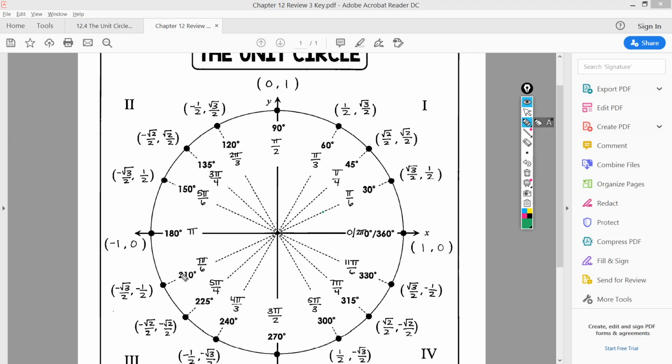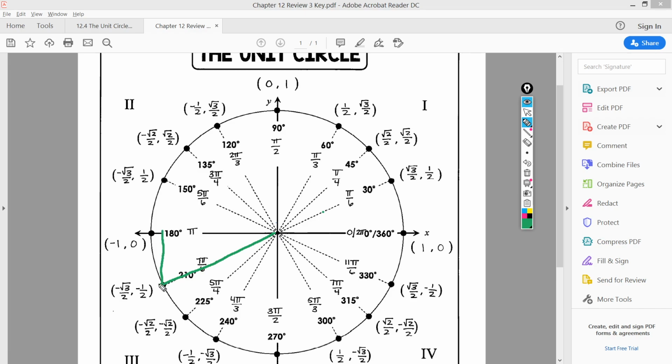Okay, so let's have something like 210 degrees. Okay, here's 210 degrees. When you're drawing these triangles, because you got to figure out what is 210 degrees similar to? Always go out to the point and then go back to the x-axis. Okay, don't go to the y-axis.